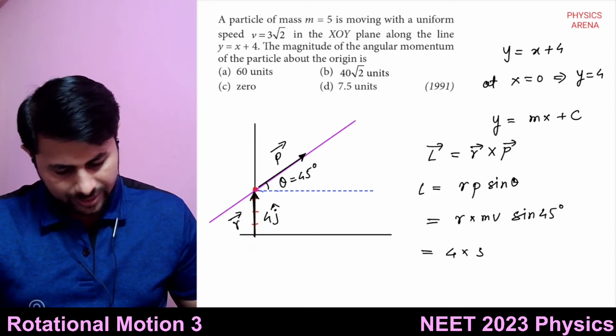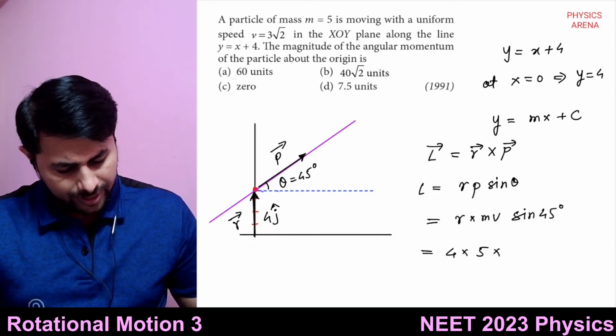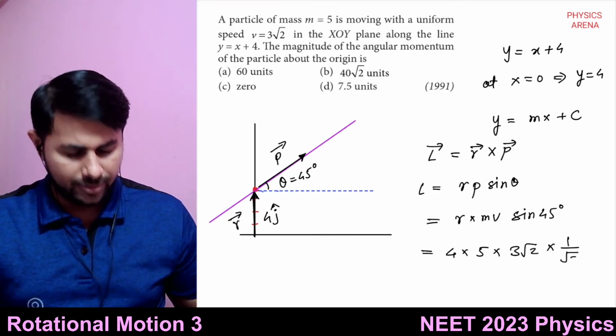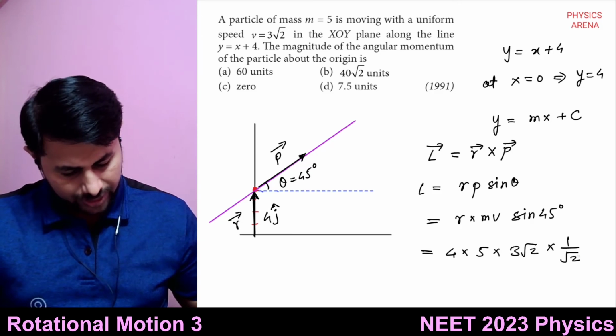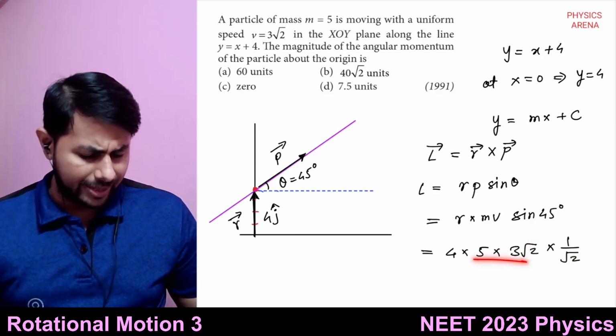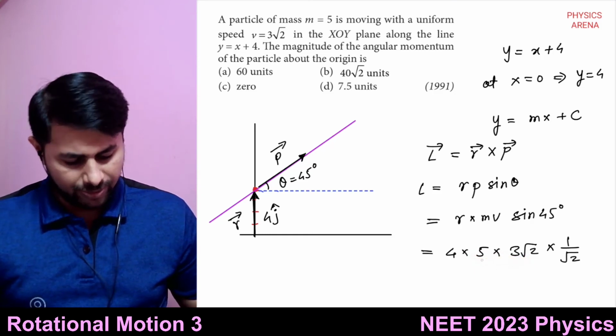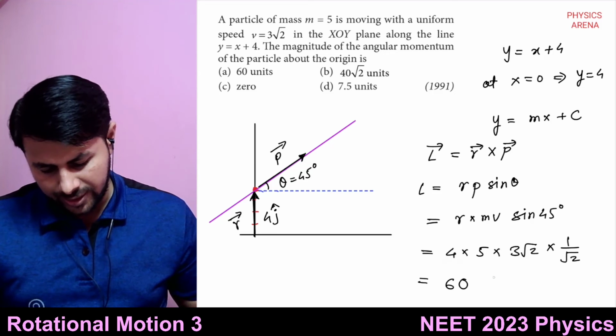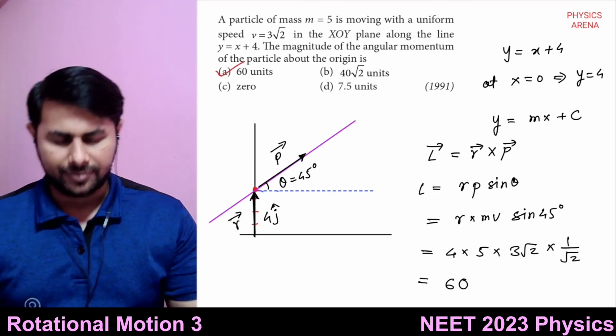Mass is 5 kg. Speed is 3 root 2. And sine of 45 is 1 upon root 2. Root 2 and 1 upon root 2 get cancelled. There is 5 times 3, 15, times 4, 60. Okay, 60 is the answer.